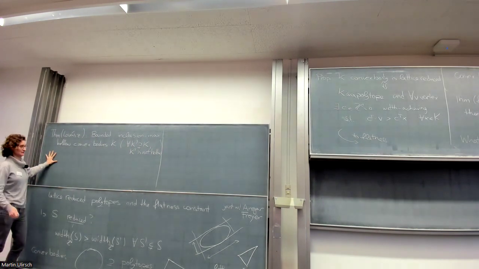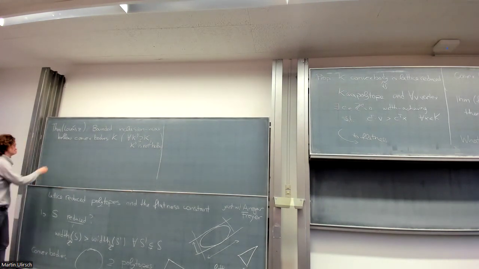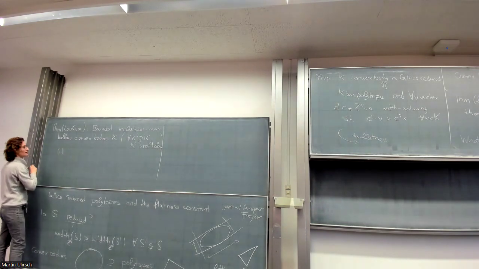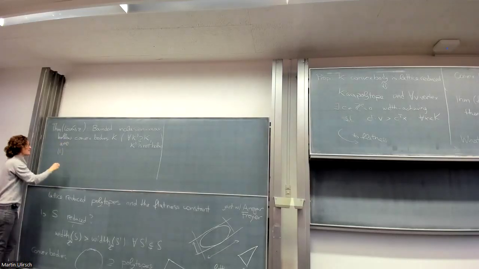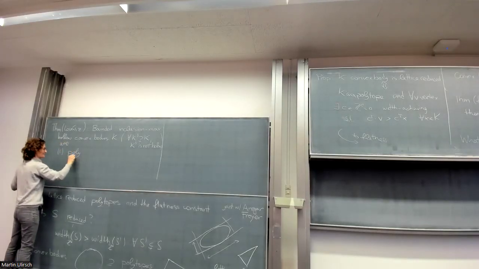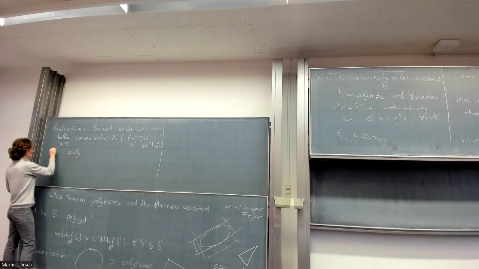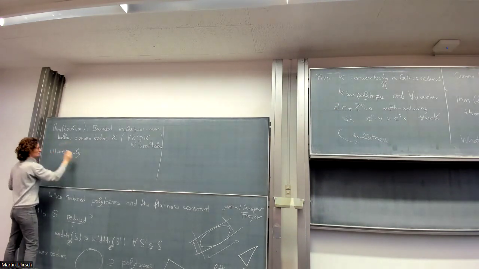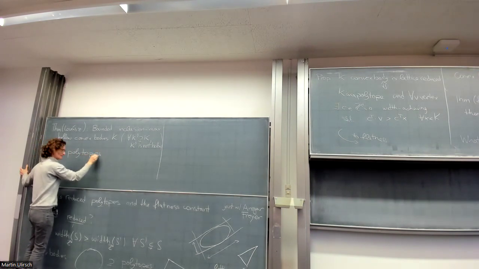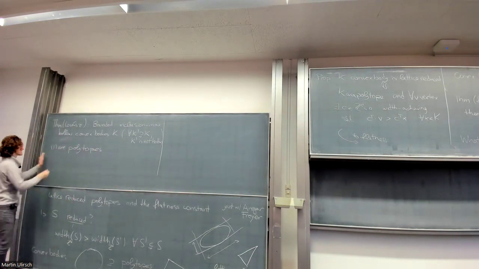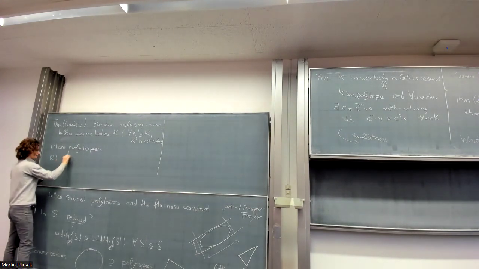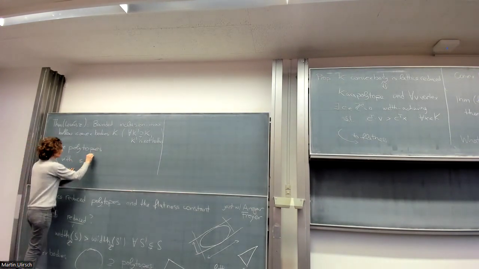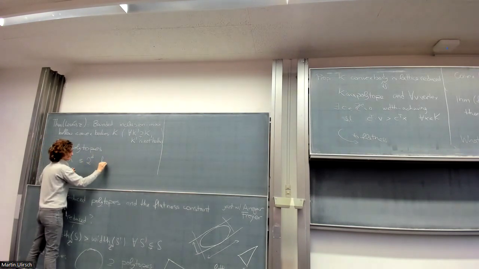They have a lot of structure. First of all, they are polytopes, not lattice polytopes, but they are polytopes, with at most 2 to the d facets.